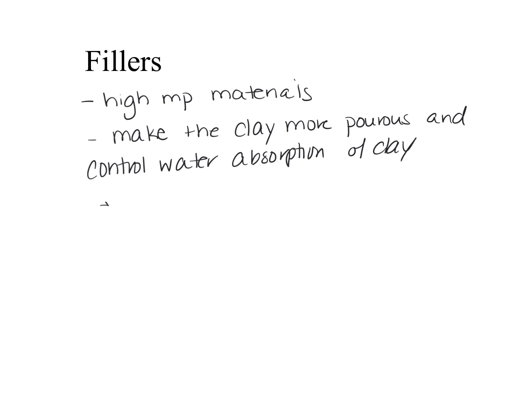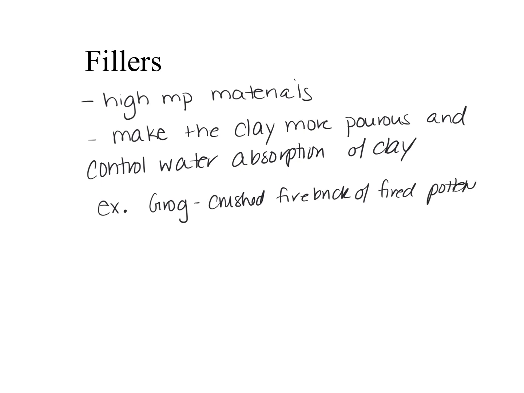So there are a lot of examples of these that you can purchase. Grog is an example that you can purchase, which is the crushed fire brick of fired pottery. You can have aluminosilicates.